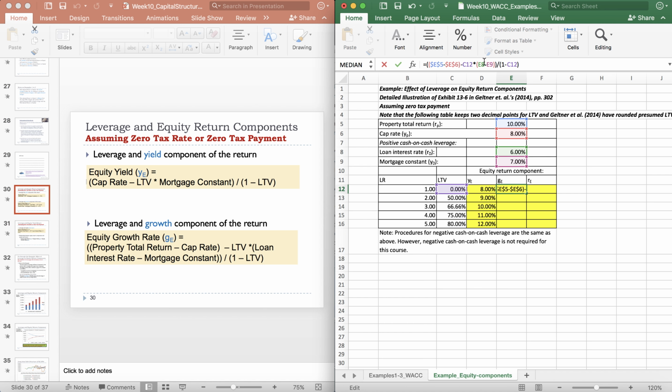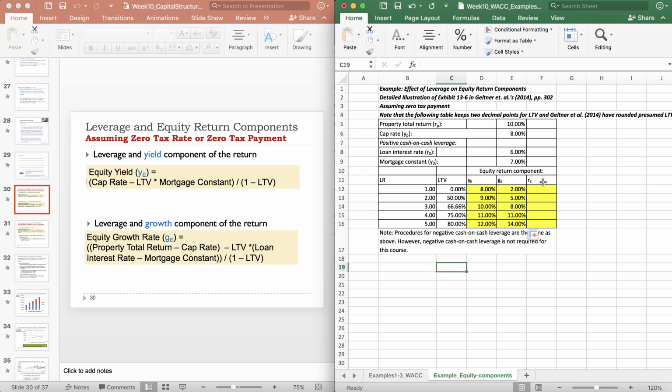Loan to value ratio will change. Interest rate will not change for the following cells, so we fix its location, together with the mortgage constant. Then we can pull down to get the answers for the other cells.